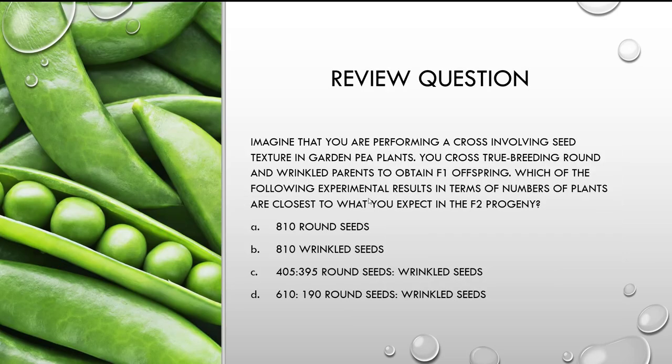Okay, here's another question. Imagine that you are performing a cross involving seed texture in garden pea plants. You cross true breeding round and wrinkled parents to obtain F1 offspring. Which of the following experimental results in terms of number of plants are closest to what you expect in the F2 progeny?